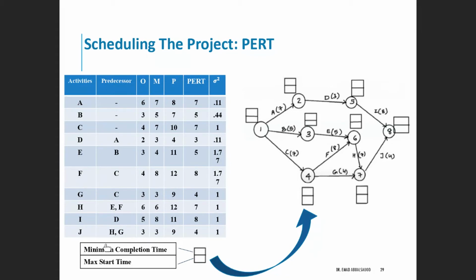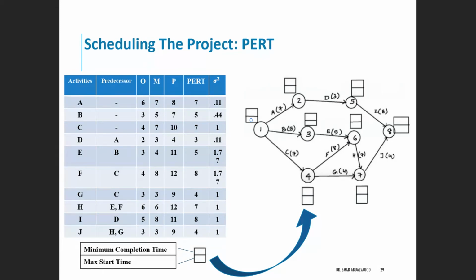How do we calculate the max start time? It's very simple. Basically, you will look for the max start time. You will start with the first node, which is the node for activities A, B, and C. Usually the first node will have a 0 value because it is the starting point for us.